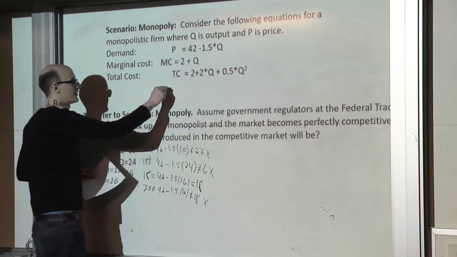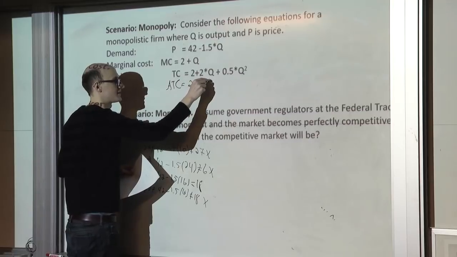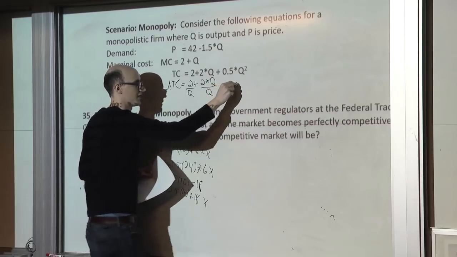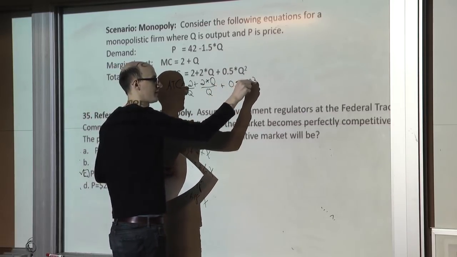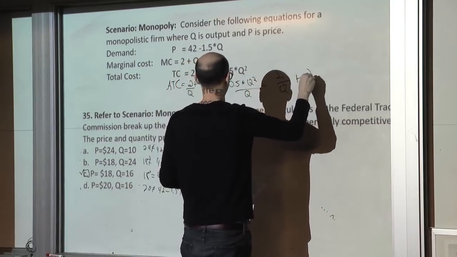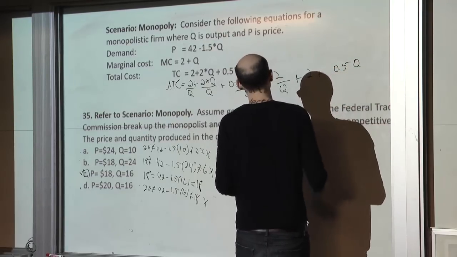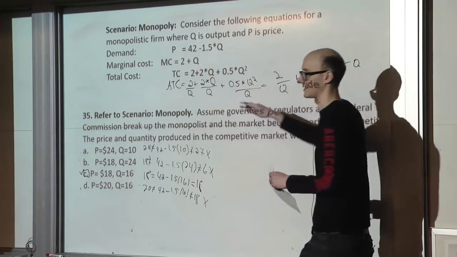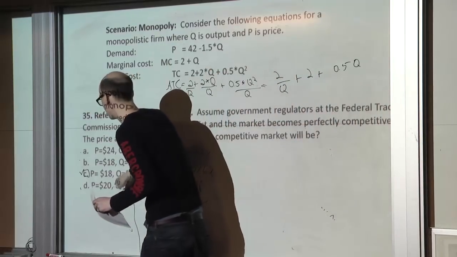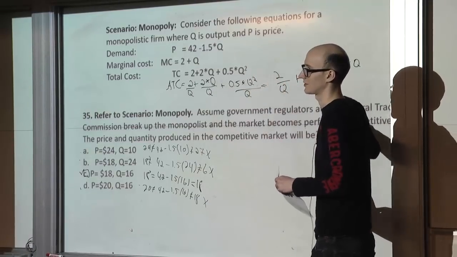We would have to get average total cost, which we do by taking 2 plus 2 times Q plus 0.5 times Q squared, and dividing each of these by Q. So we would get 2 over Q plus 2 plus 0.5 Q. That would be our average total cost because we divided the total cost curve by Q. And then if, say, C and D were both on the demand curve, we would plug both of their Q's into this average total cost equation.